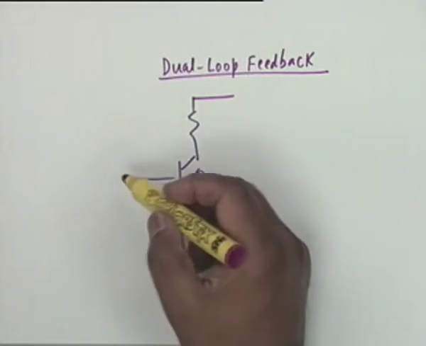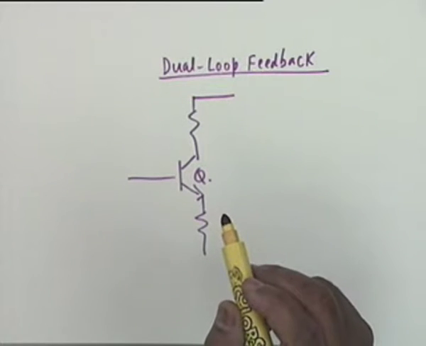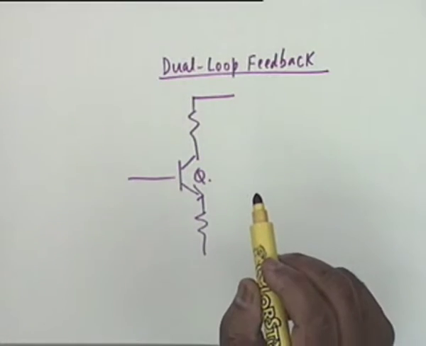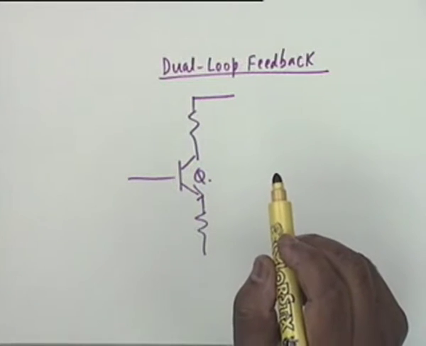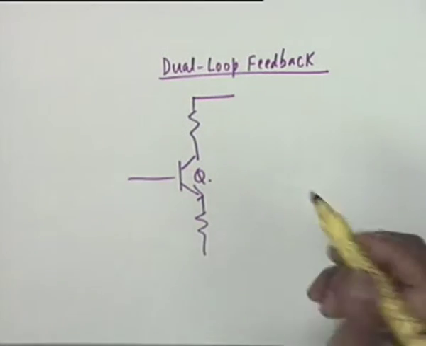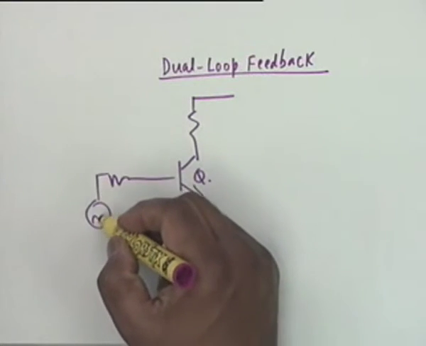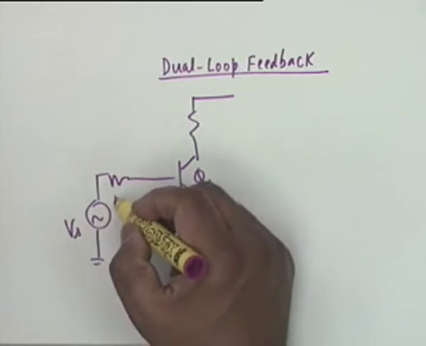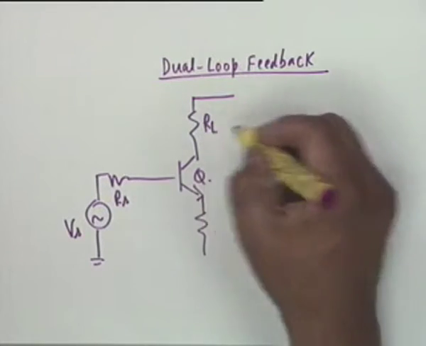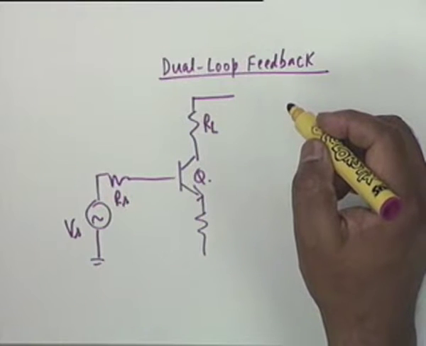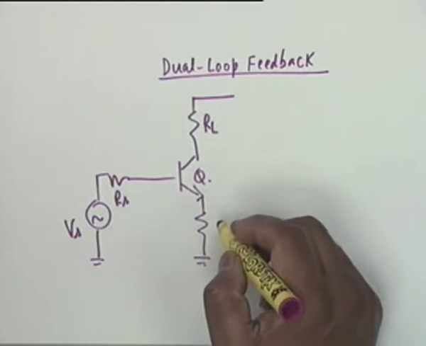Series was useful as a voltage amplifier or current amplifier? Current to voltage or voltage to current? Voltage to current, okay. VS, RS. This is RL. And this is RE.